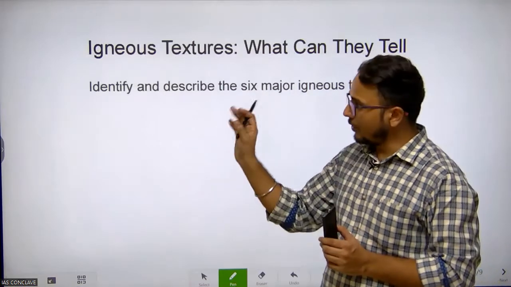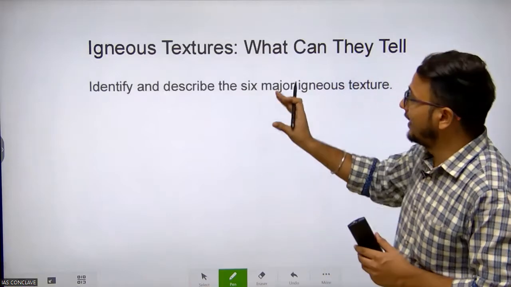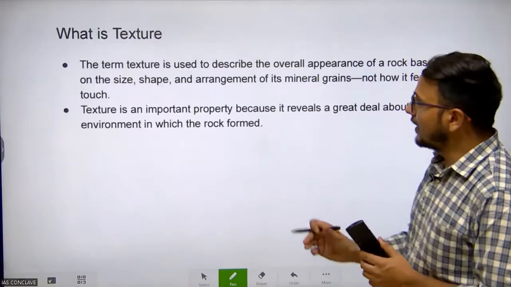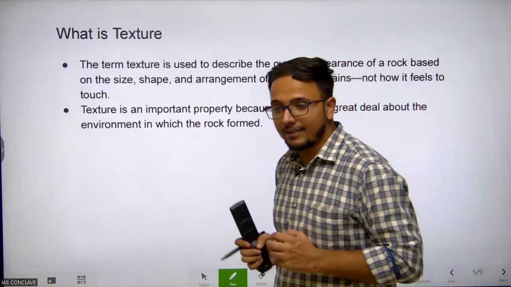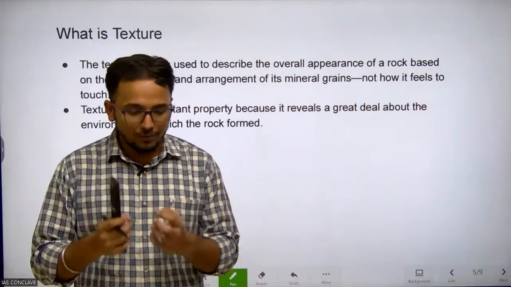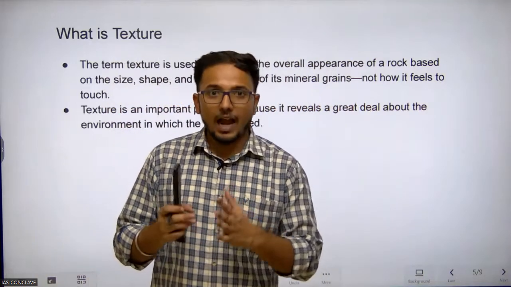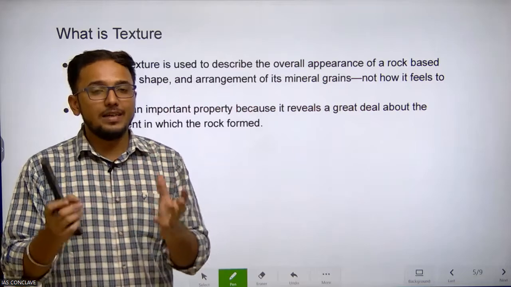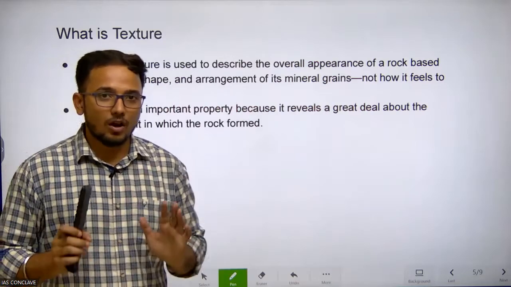But before we deep dive into this question, we have to understand texture. What is texture? We imagine that texture is the appearance of the rock, but it is not true.